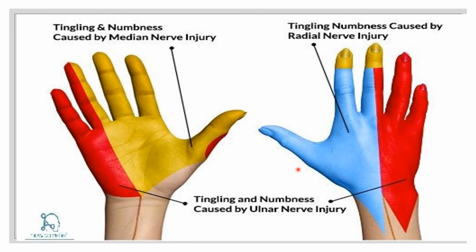Whenever there is injury to the ulnar nerve, there is tingling and numbness in the medial 1.5 digits of the palmar side and also on the dorsal side. When there is radial nerve injury, there is tingling and numbness on the dorsum of the thumb and lateral 1.5 digits. The rest of the area is supplied by the median nerve, which you studied.